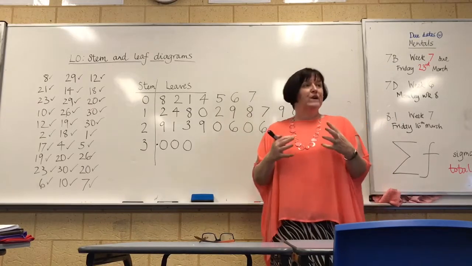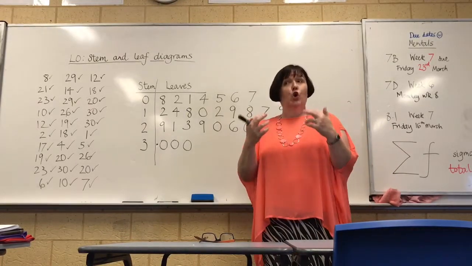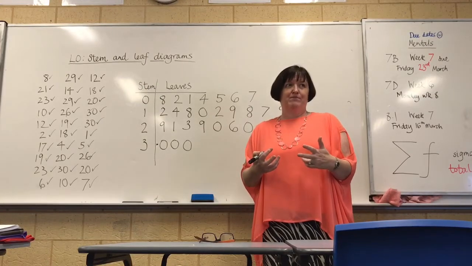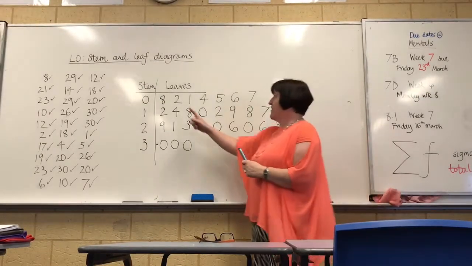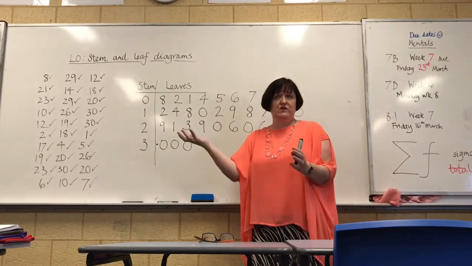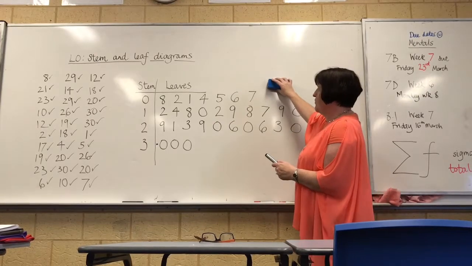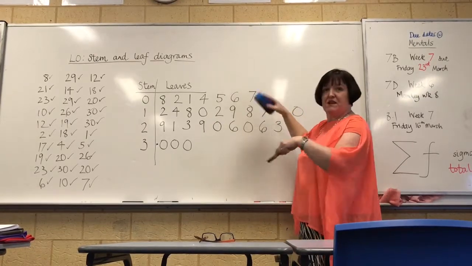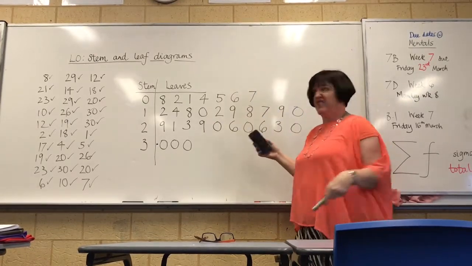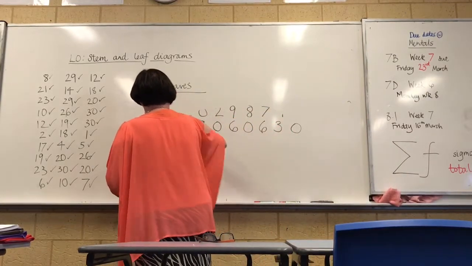So what we do is we make an ordered stem and leaf diagram. That means that the leaves are in ascending order also. So I'm going to rub out my leaves, but you draw yourself another table, please.